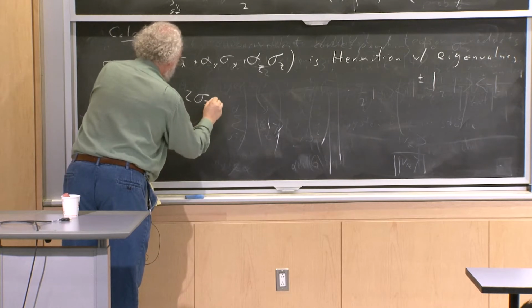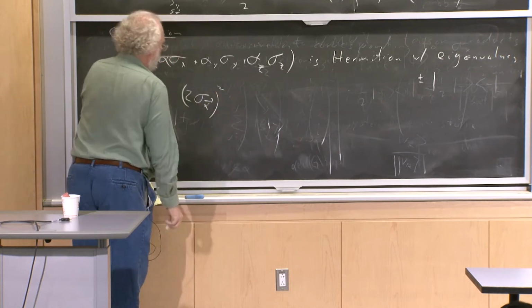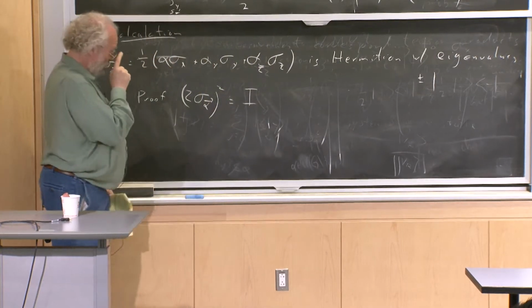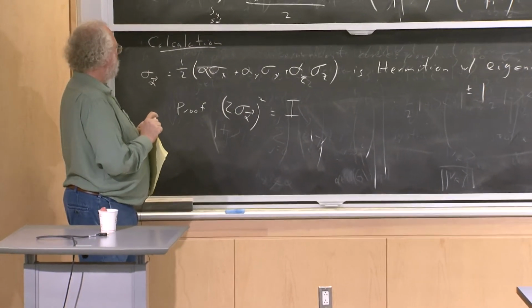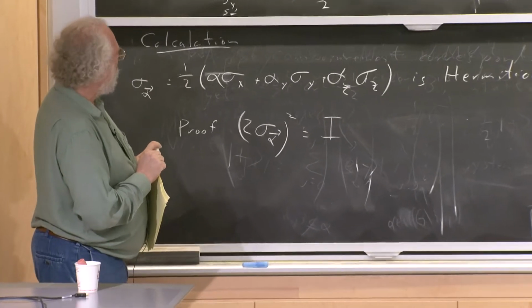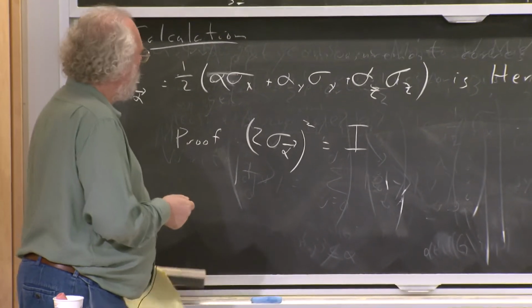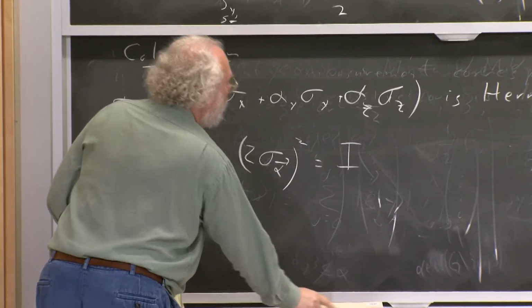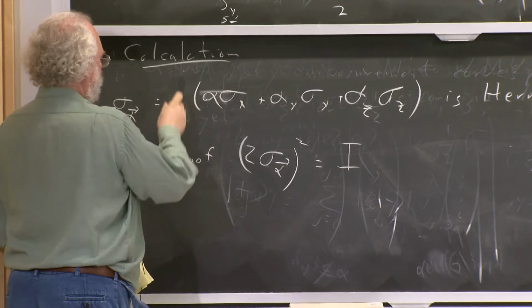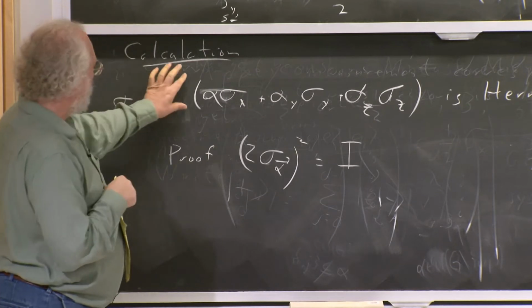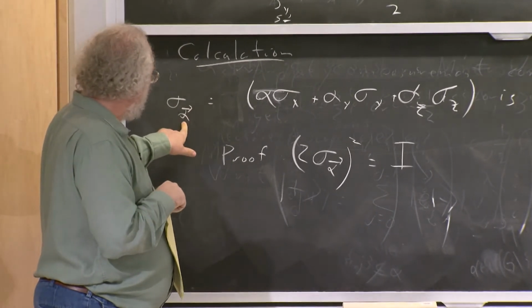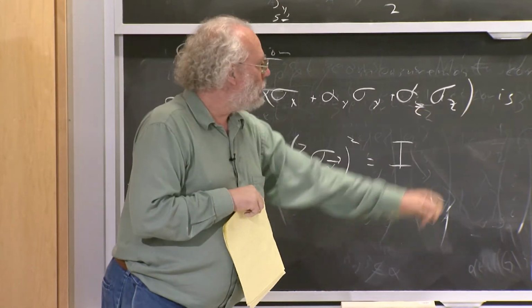Sigma alpha squared is equal to the identity. Okay, I'm sorry. If we had a 1/2 here, which would be the observable for spin in the alpha direction, then the eigenvalues would be plus or minus 1/2.